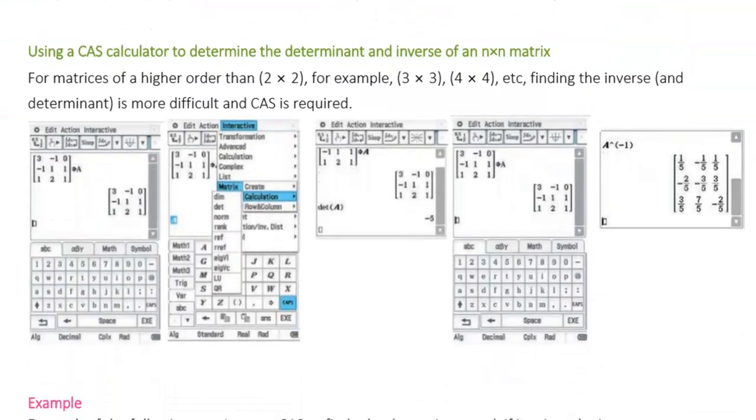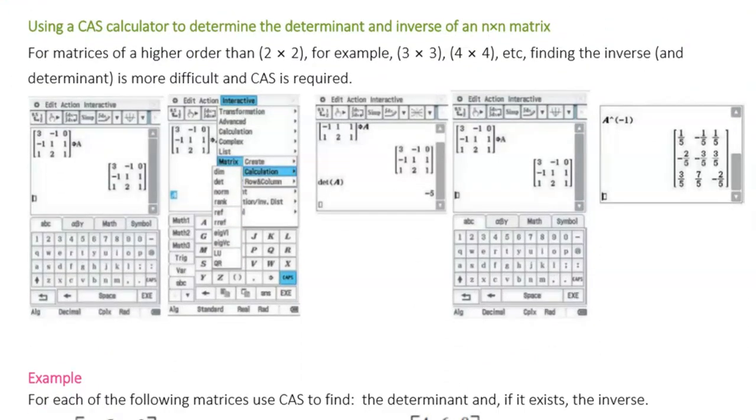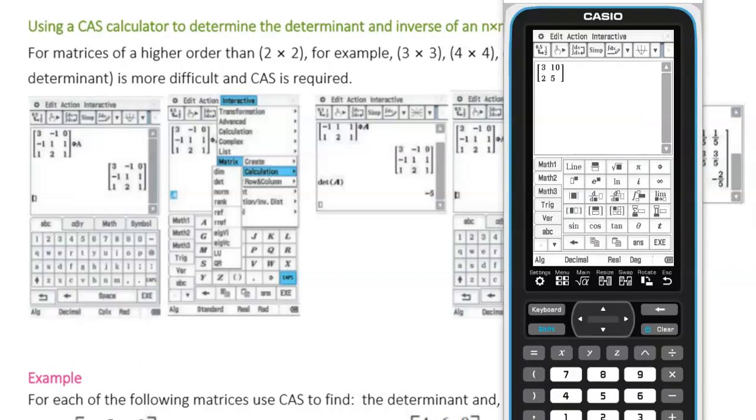Moving right along. Using a CAS calculator to determine the determinant and inverse of a matrix. Alright, so if we enter a matrix into our CAS, okay, so we've got a square matrix in there. I'm going to highlight. So this is to calculate the determinant. Remember, it isn't necessary for you to store every matrix that you're going to use.